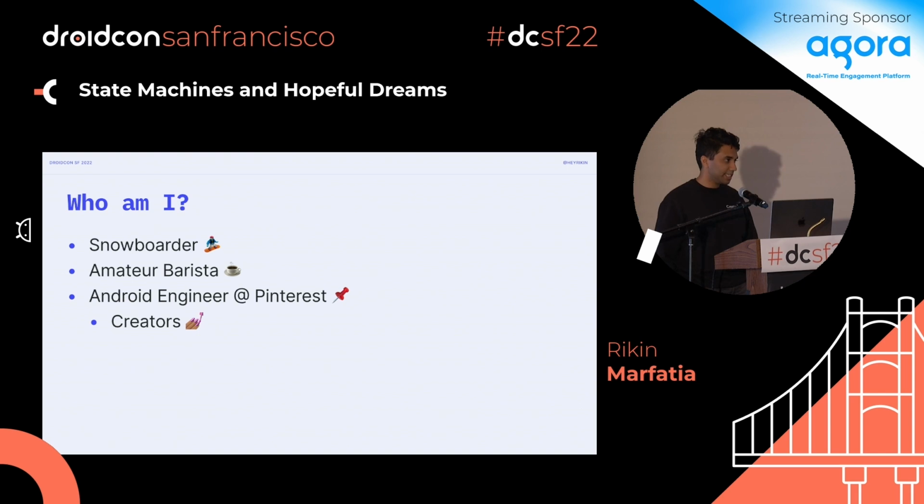But as an Android engineer, I'm also really interested in two main areas. I like thinking about architecture and Android infrastructure, and I also like thinking about UI and making Android apps look nicer. But I'll mostly be talking about the former.